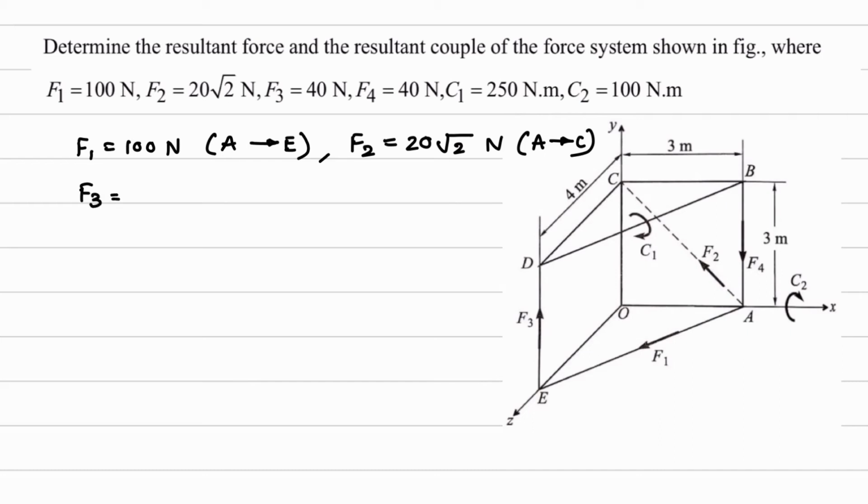Now force 3, here you can observe force 3, it is from E to D. Okay, magnitude of F3 is 40 Newton. In bracket write down the direction E to D. Next, F4, 40 Newton. What is the direction of F4? It is B to A.